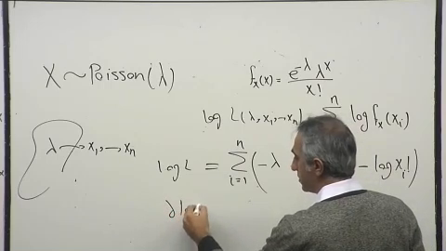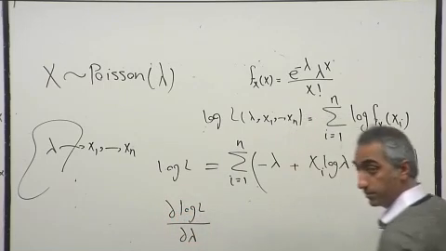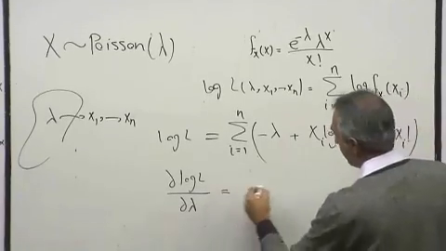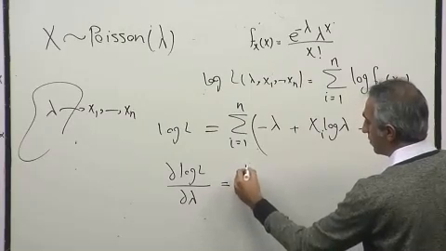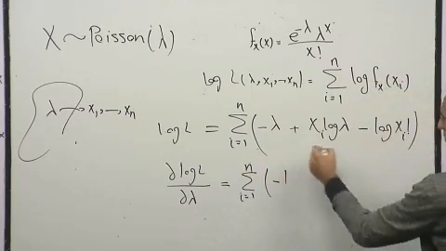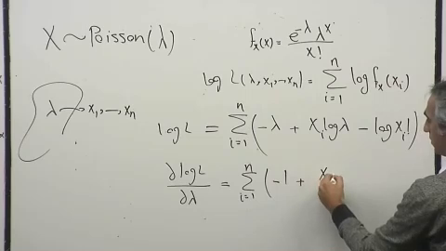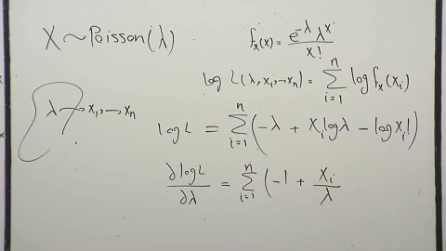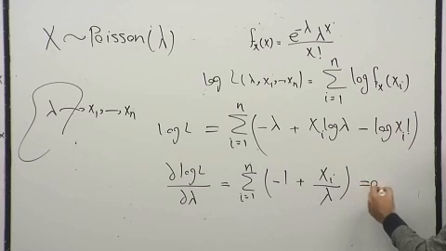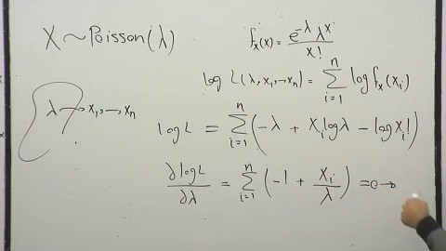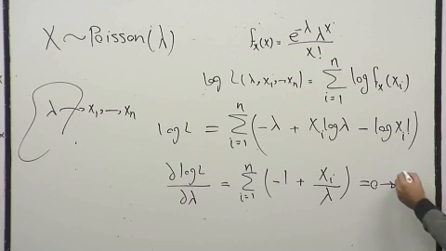Take a derivative with respect to lambda. If I do that, this is going to be -1. This guy is x_i divided by lambda. And this guy goes away because it has nothing to do with lambda. If I solve this for lambda, at the end of the day, I get lambda hat equal to x bar.